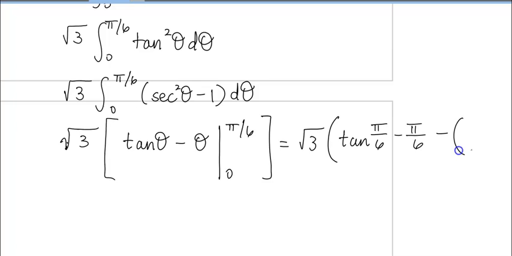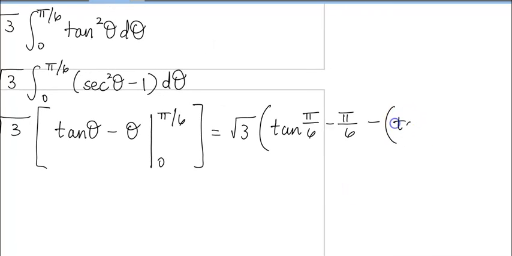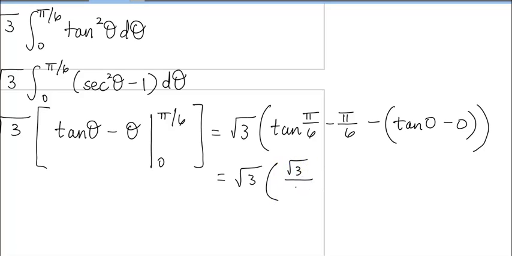And then we subtract and apply our lower limit of 0, not theta, but 0, to be left with root 3 times tangent of pi over 6 is root 3 over 3. From that, we are subtracting pi over 6. Tangent of 0 is 0, and 0 minus 0 does not change anything.